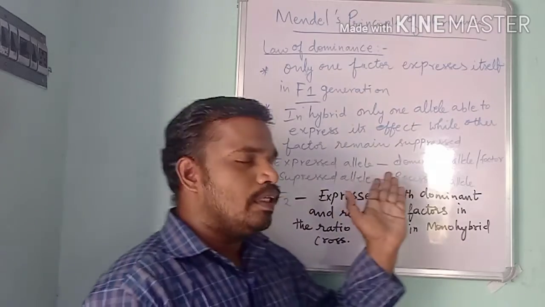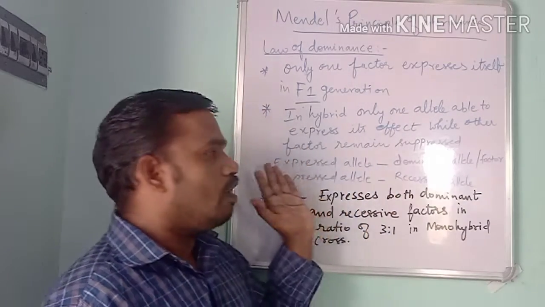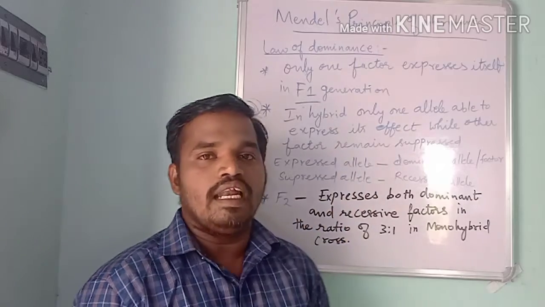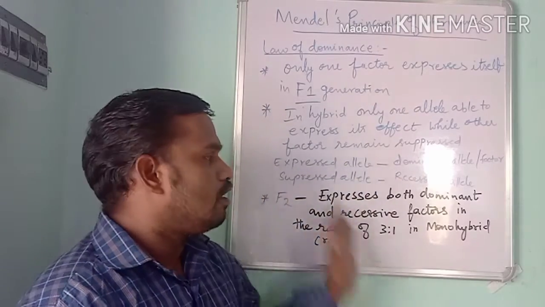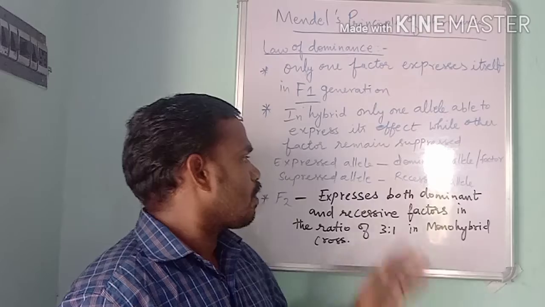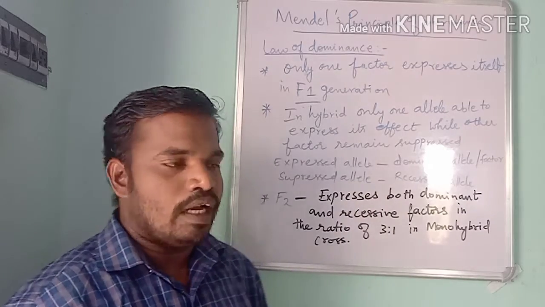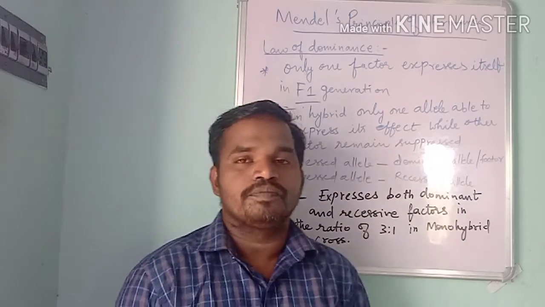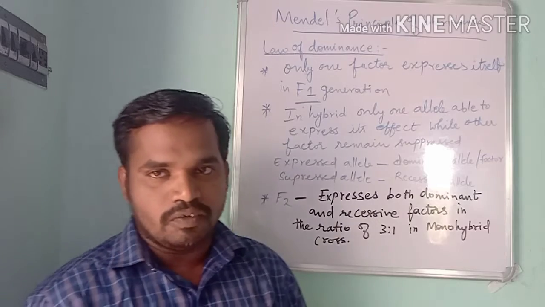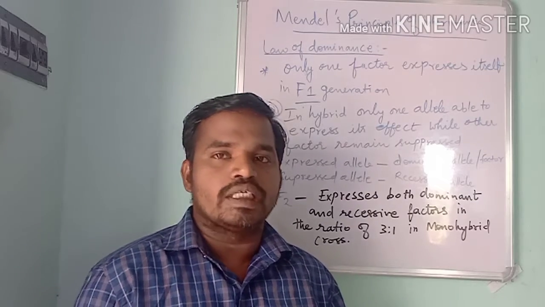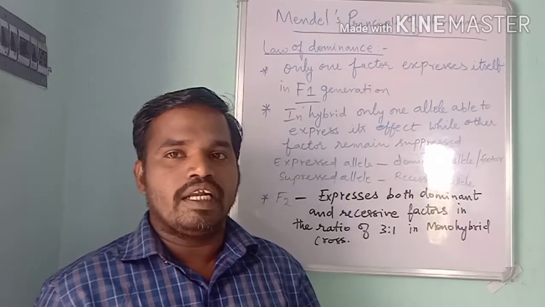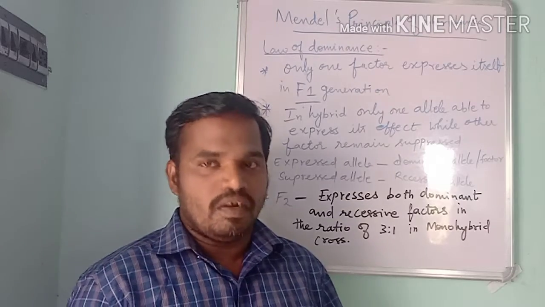The expressed allele is the dominant allele or factor. The suppressed allele is the recessive allele, or recessive factor. However, this recessive factor, which is not able to express in the F1 generation, is able to express in the F2 generation.